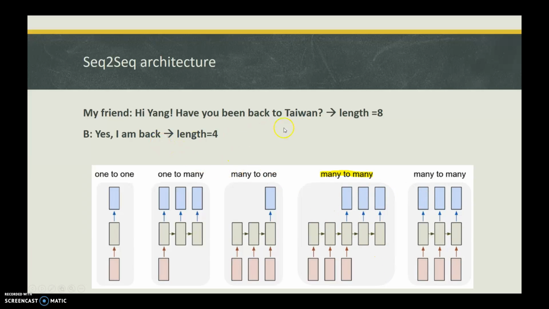But here, because the length of the input question and the length of the output answer are different, the most appropriate method to use for the pre-processing is many-to-many. I have highlighted the method here.